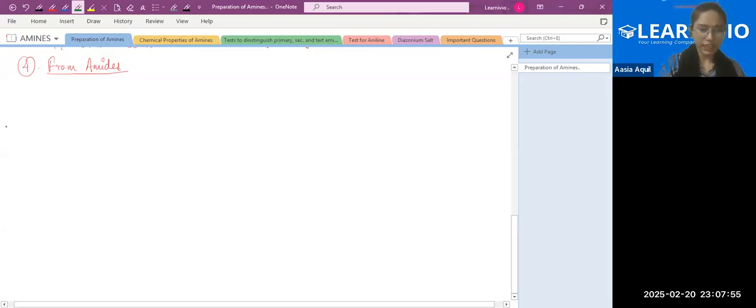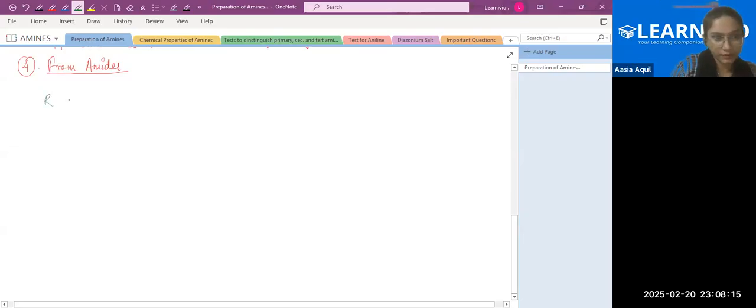Okay, just remember, if anywhere you want to achieve one carbon less compound, so do just Hoffman bromamide degradation reaction. Okay, so see what is Hoffman bromamide degradation reaction.